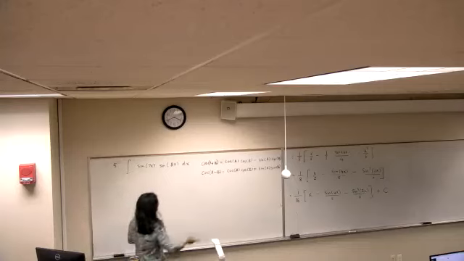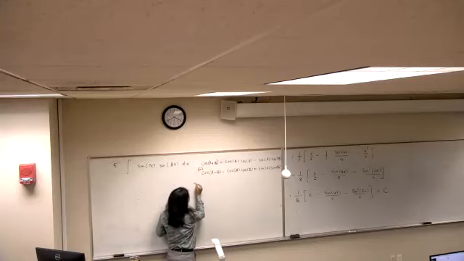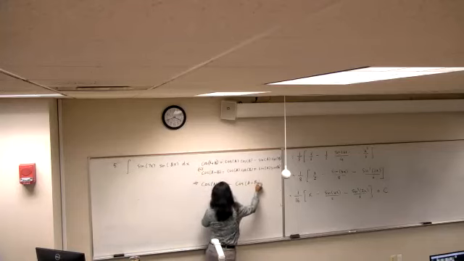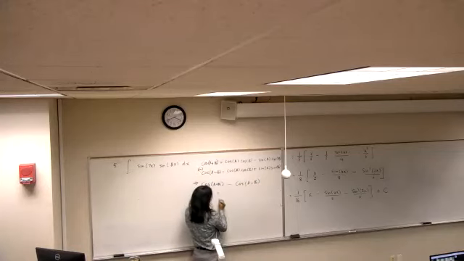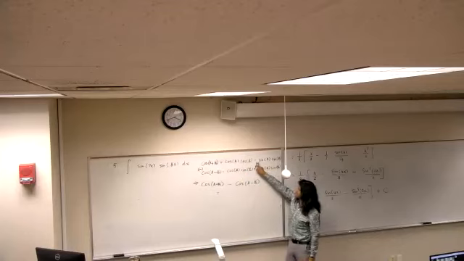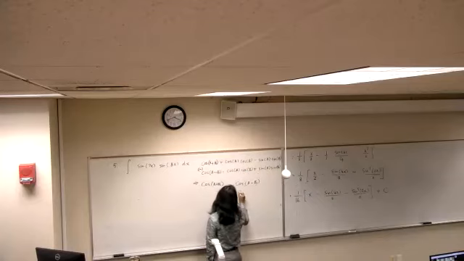Subtract them. So cosine a plus b minus cosine a minus b equals, those 2 would go away, minus 2 sine a sine b.